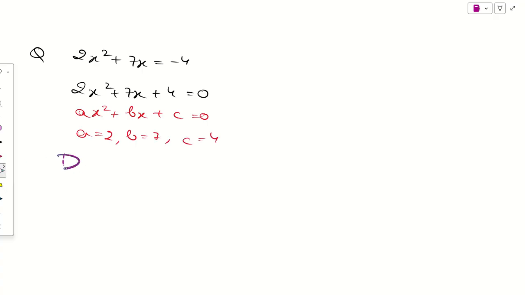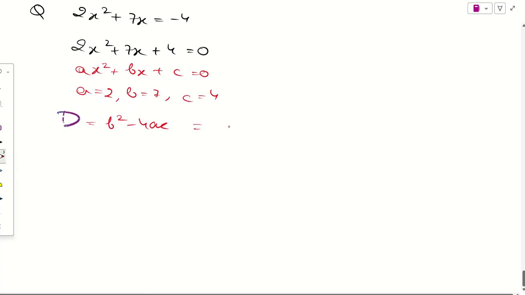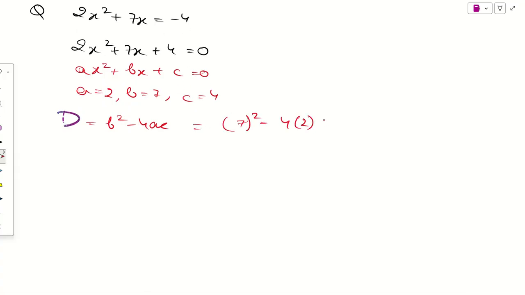Now D is B square minus 4AC. Here you have B is 7, 4 is there, A is 2, C is 4, so D is 17.